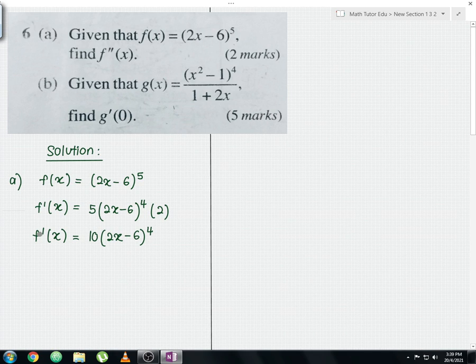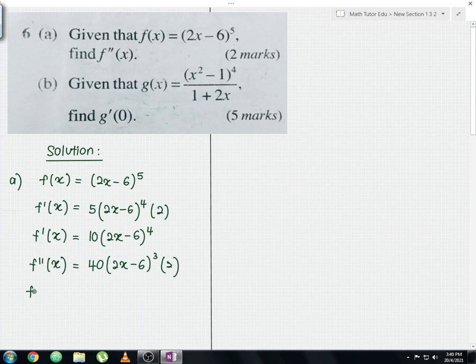Once we get the f prime x, now we can proceed to find the f double prime x, which is the second derivative. From here you differentiate this. Similar step, the 4 you times with 10, and then the power you minus with 1, and then you need to multiply with the inside differentiation. So f double prime x is equals to 40 times with (2x minus 6) to the power of 3, and then you multiply with the inside differentiation, which is 2.